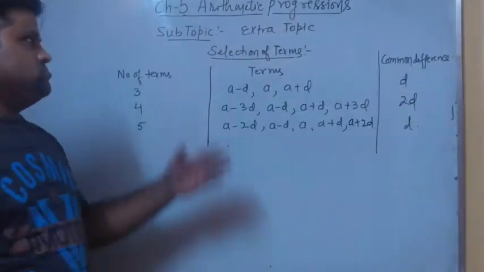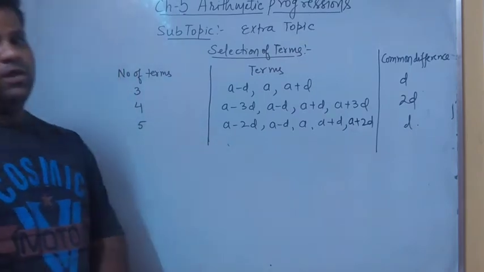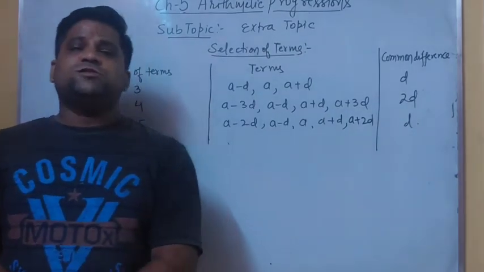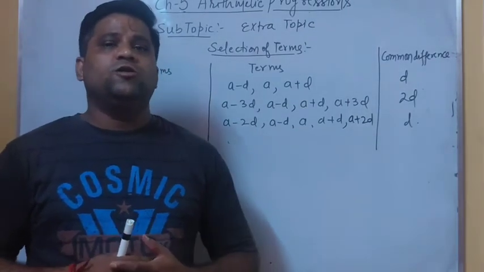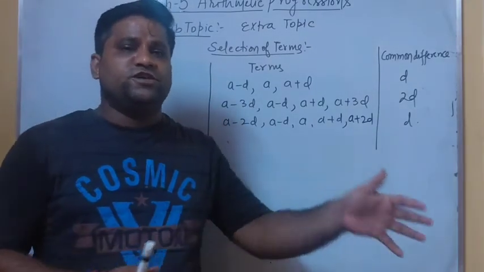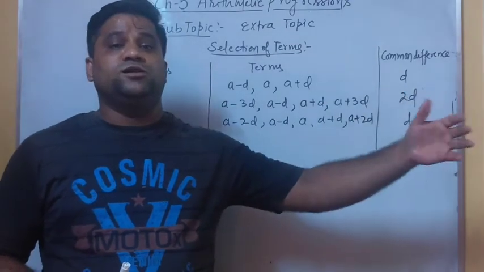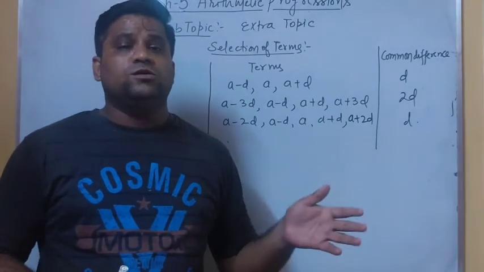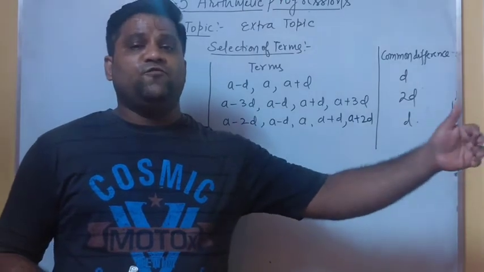Now let us come to some extra topic of AP, which is based on the selection of terms. We know that sometimes in the question paper, a question comes under higher order thinking skills, such as: the sum of three numbers which are in AP is this and their product is this, or the sum of four numbers which are in AP is this and their product is this, find the numbers.